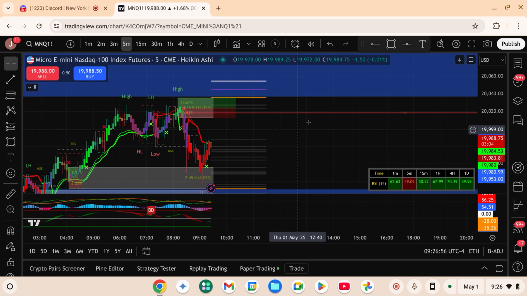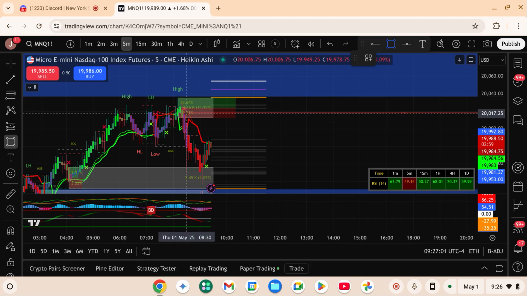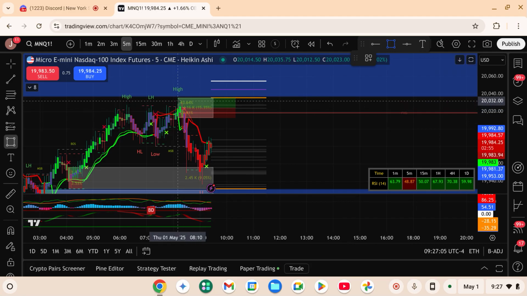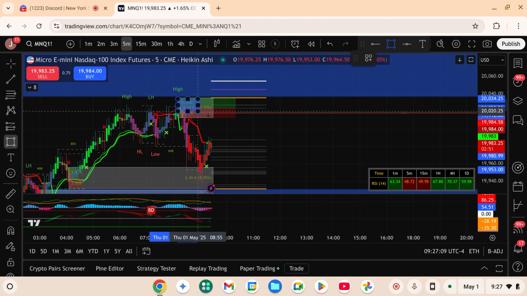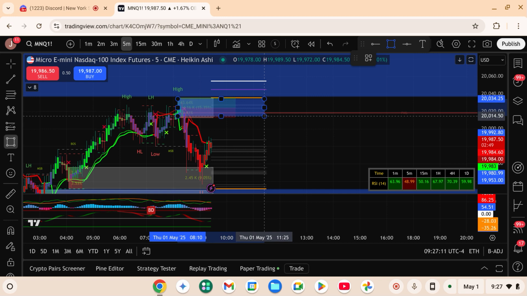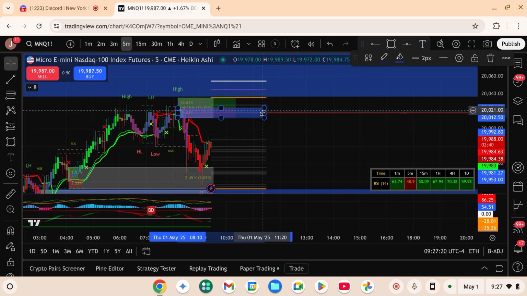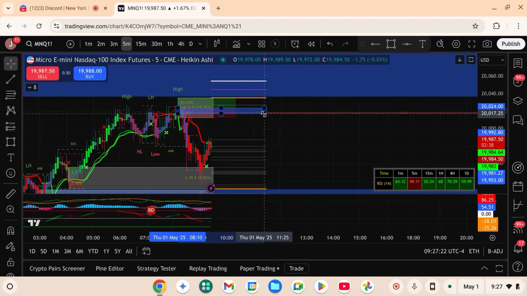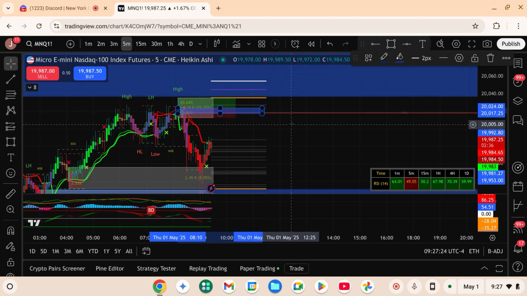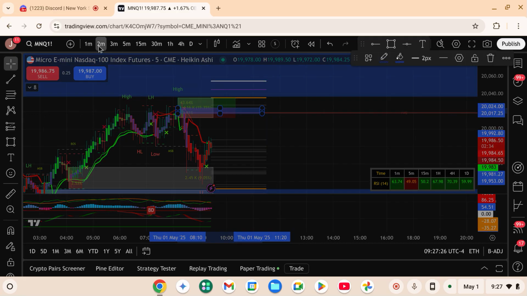So let's see what that looks like on the 2-minute. This is the 5-minute we're on. If we get this order block here, actually let's just get the gap, from the red part of the order block to the bottom of the gap. And then let's look at the 2-minute.